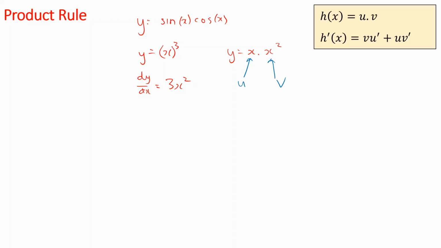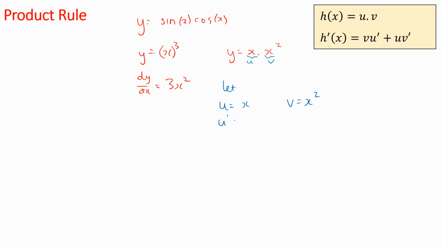If I use a product rule for this, it should equal 3x squared. Let's try that. Let u equal x, and let v equal x squared.